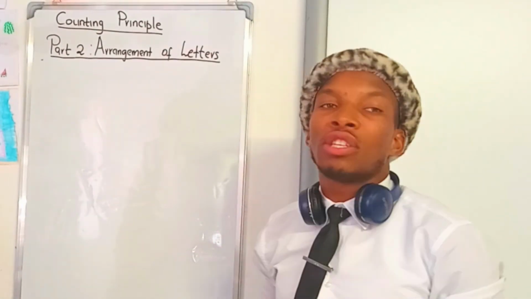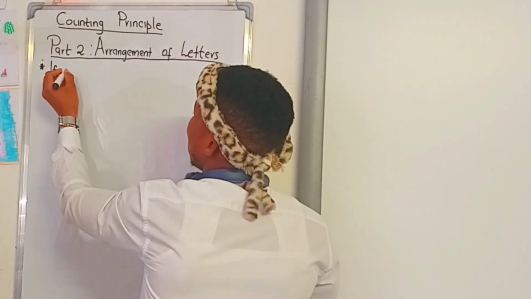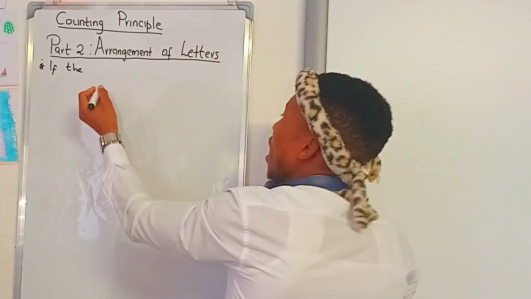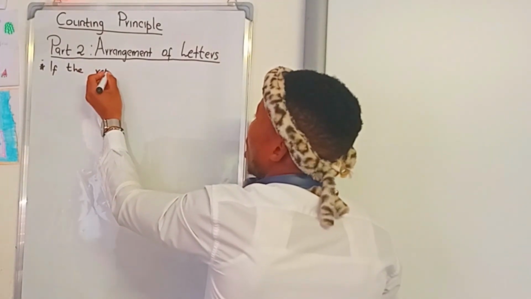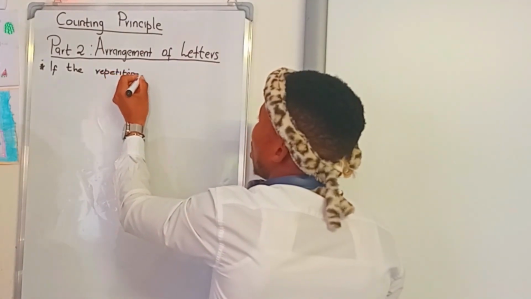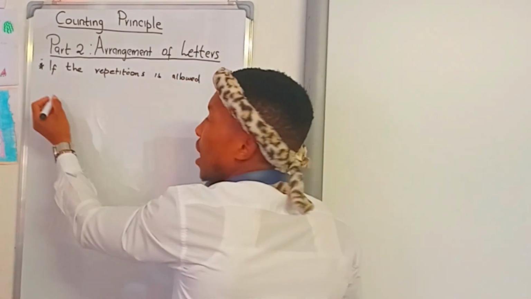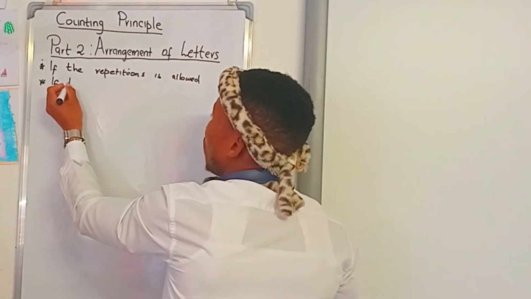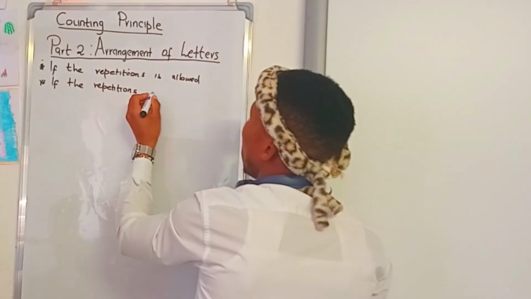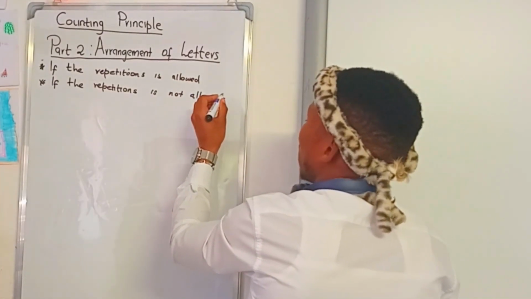When we're talking about the arrangement of letters, we are going to look at the repetition of letters, first if the repetition of letters is allowed, and then if the repetition of letters is not allowed. How many ways are going to be created?